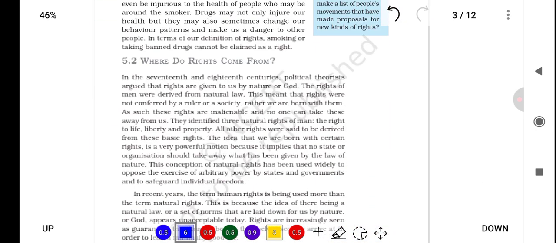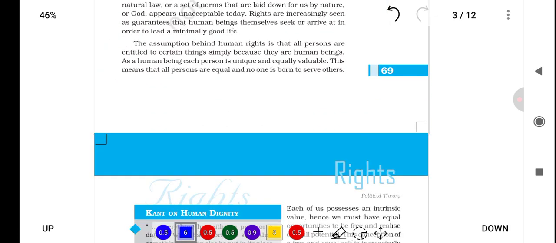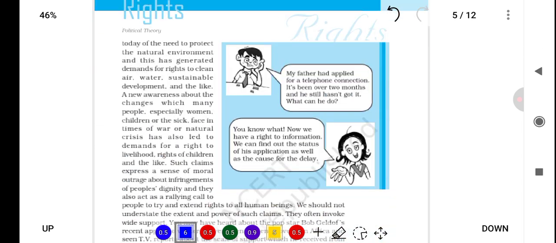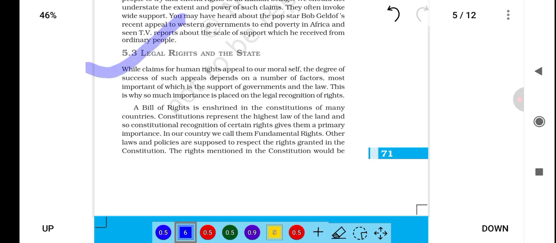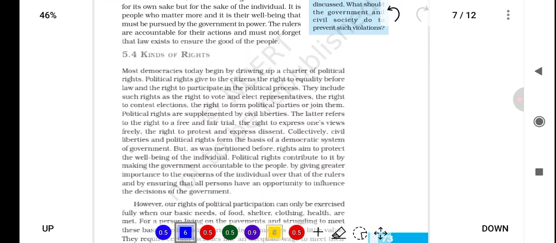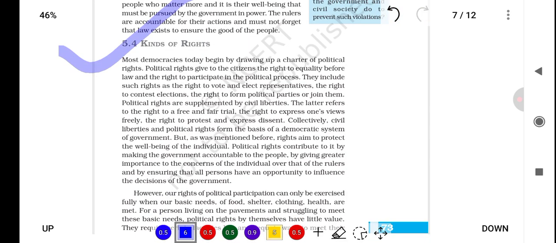Then let's do it section. Then where do rights come from? Kant on human dignity. Legal rights and the state. Kinds of rights.